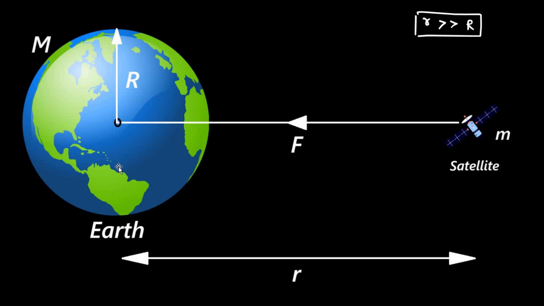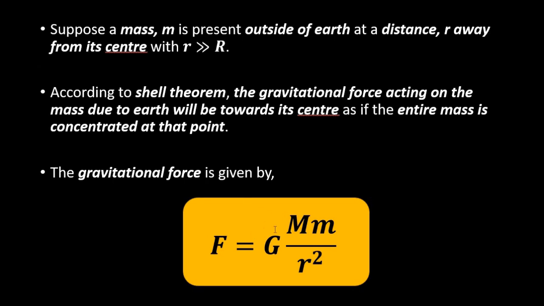And the value of this force is given by G capital M small m by r square, in accordance with Newton's universal law of gravitation, where capital G is the universal gravitational constant, capital M is the mass of Earth, small m is the mass of the satellite, and small r is the separation distance between the satellite and Earth.